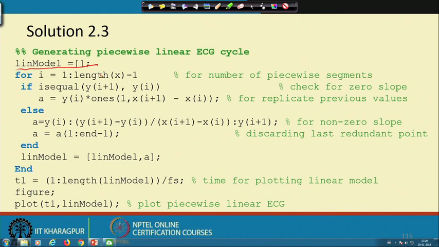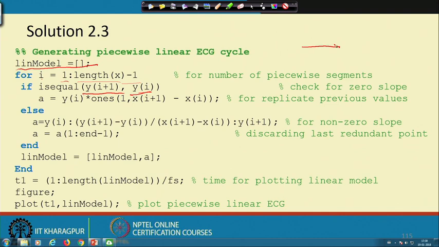The next point is that we are going through all these points that are collected, that is, length of x, from the beginning to just the last but one point, okay, length minus 1. And first check: if the two consecutive values at locations I plus 1 and I, the ordinate value y, if that is the same, that means at that point a horizontal line should be drawn.